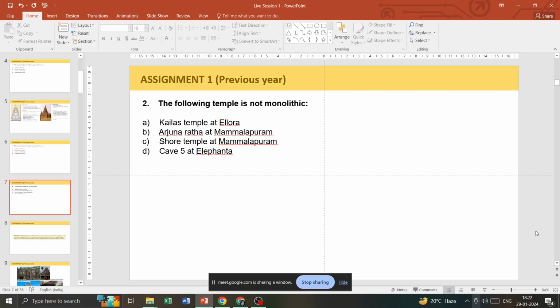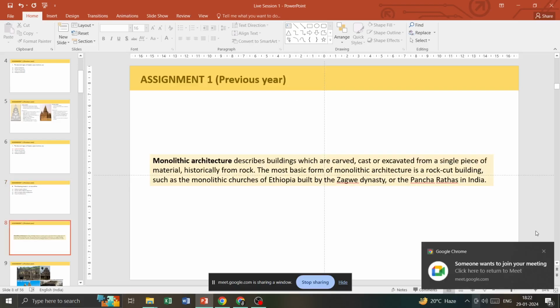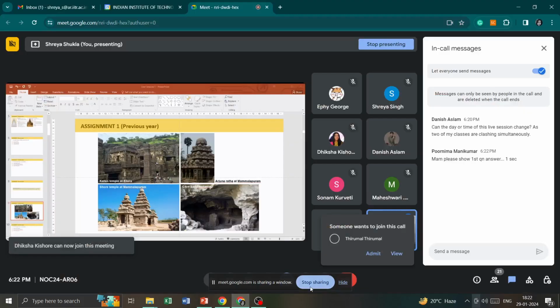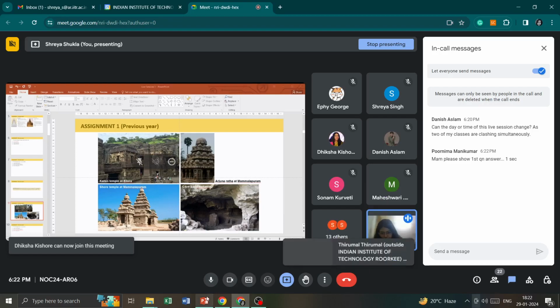So now we will see what these four temples look like.